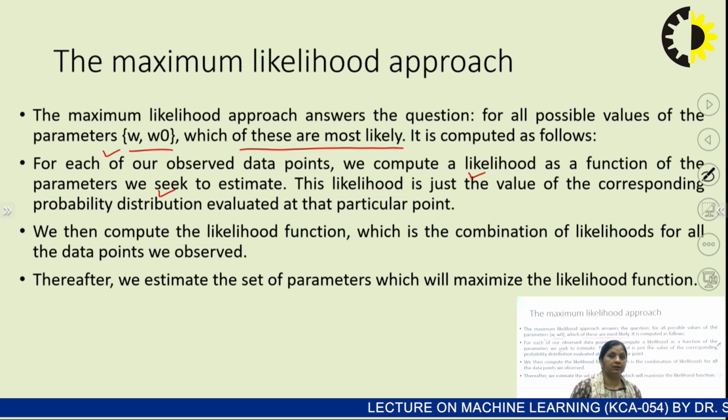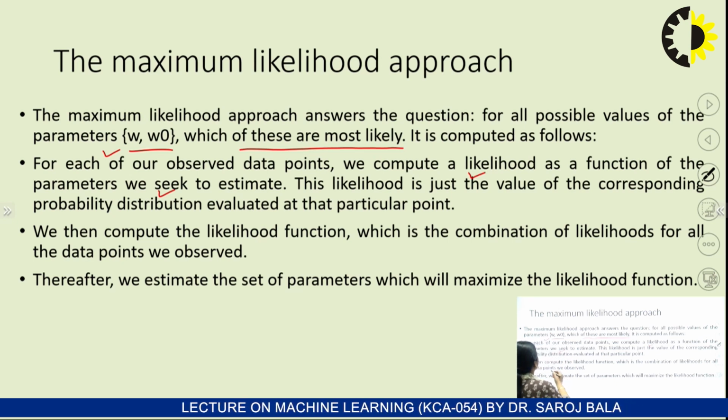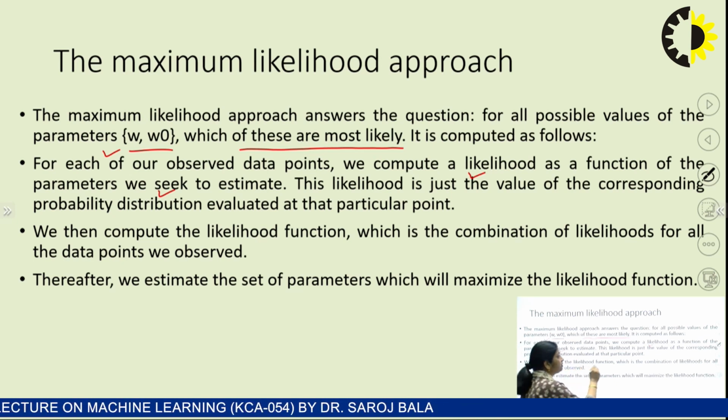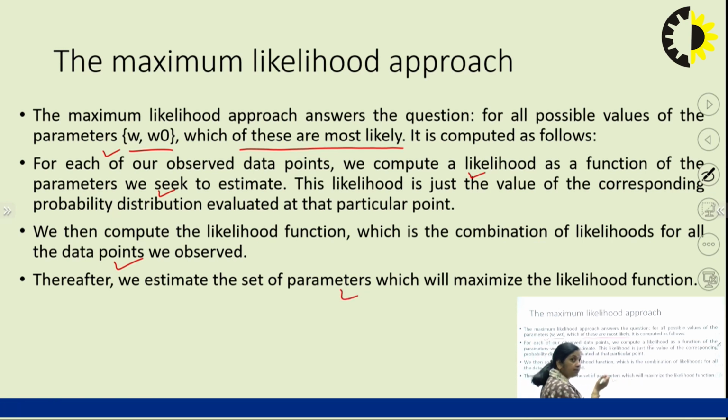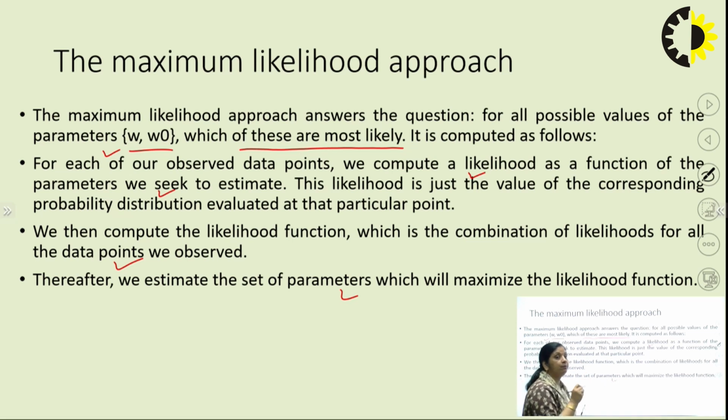After calculating the likelihood function, which is the combination of likelihood for all the data points we observed, we estimate the set of parameters which will maximize the likelihood function.